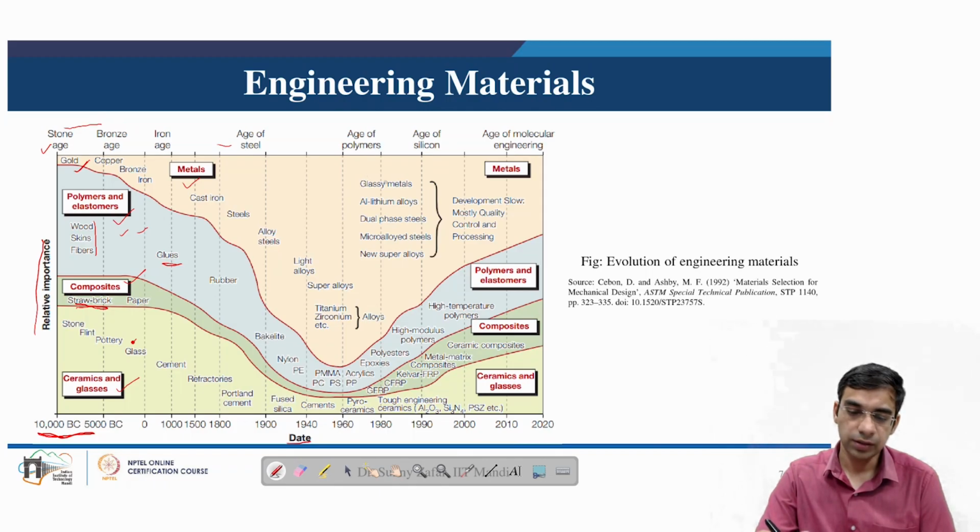And during this age, not only newer polymers in terms of epoxies, polyesters, high modulus polymers, but also in case of metals, glassy metals, aluminium, lithium alloys, dual phase steels, microalloyed steels, newer superalloys were developed. And these also contributed to a larger extent in the race for space, that is the space age, when there was a lot of focus on sending missions to the moon or maybe other planets in the solar system.